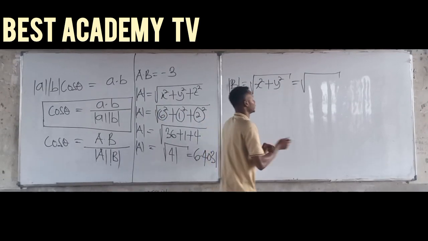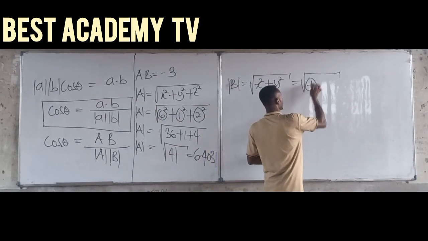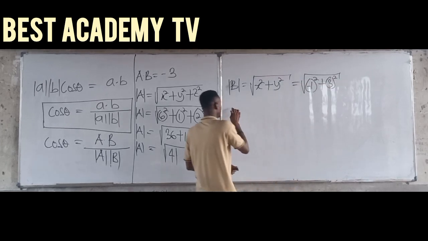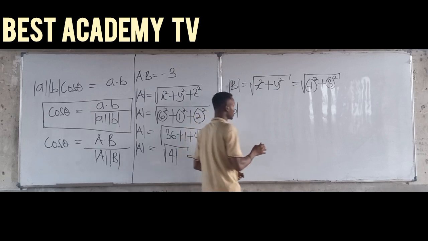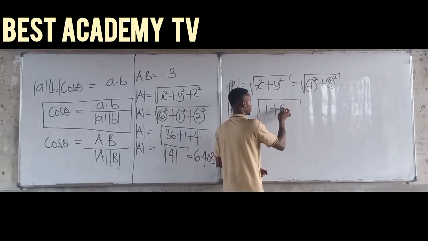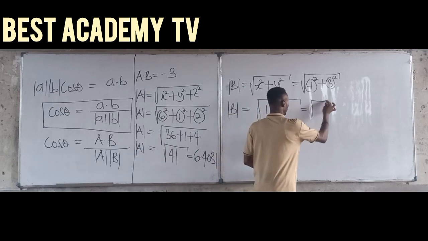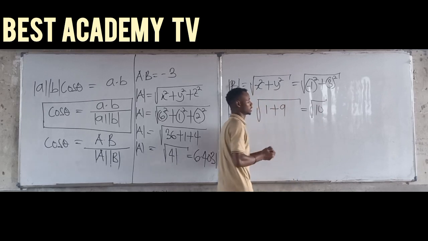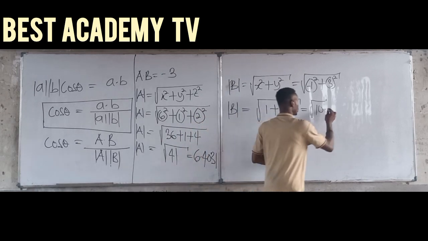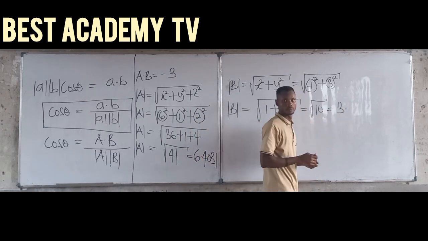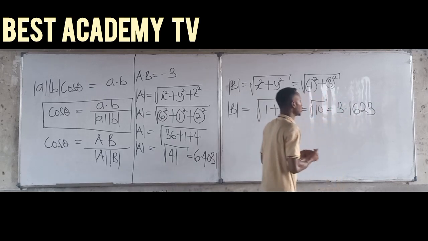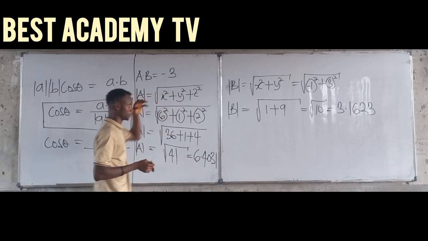There is -1 there. This will be -1 all squared plus 3 all squared. So our B magnitude is said to be square root of 1 plus 9. What is the answer at this point? Square root of 10. So let's approximate this to decimal point. What is the decimal point here, please? This is going to be 3.1623. Please take it. We all know the reason why we are approximating this to 4 decimal places. Please take note of this.